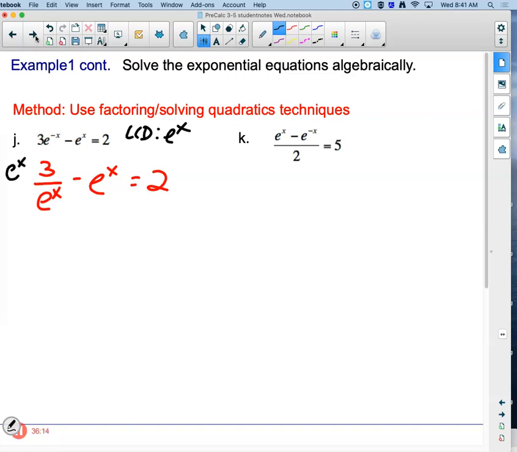So we're going to have to multiply each of these terms by e to the x, which again is basically multiplying both sides by e to the x. So what on earth do we do with that? e to the x times e to the x. Well, remember, when you multiply similar bases, you add the exponents, and x plus x is 2x.